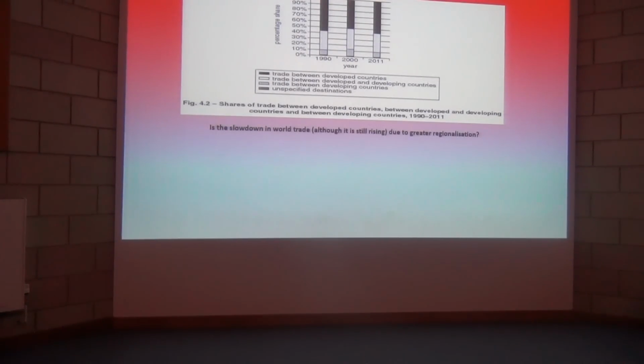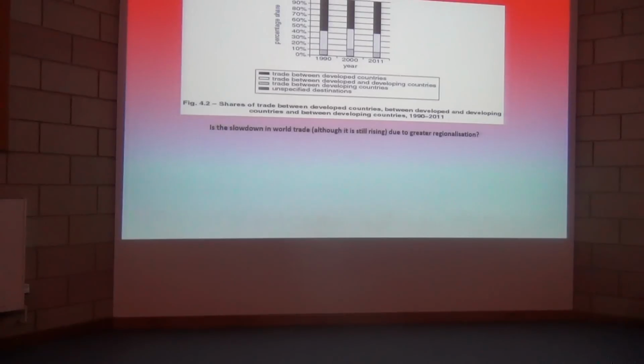In 2000 we've gone from 50 down to maybe about 35, something like that, and then in 2011 we're back to a similar value to 1990, so around the 32-33% mark. Trade between developing countries is very small, as you can see, and obviously there are certain reasons for that.